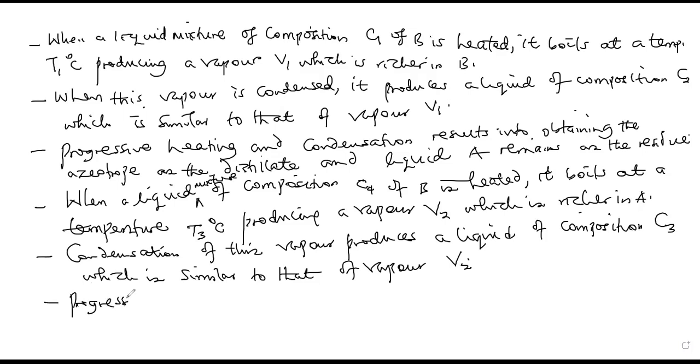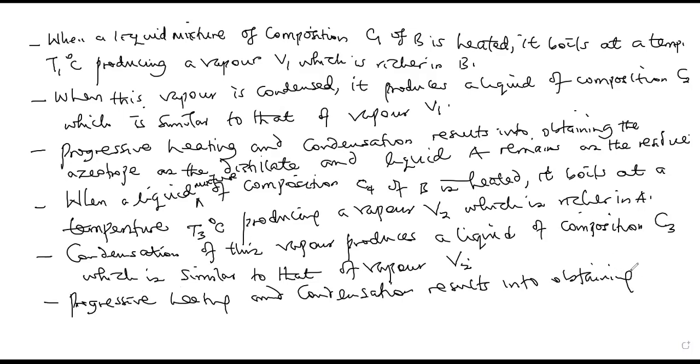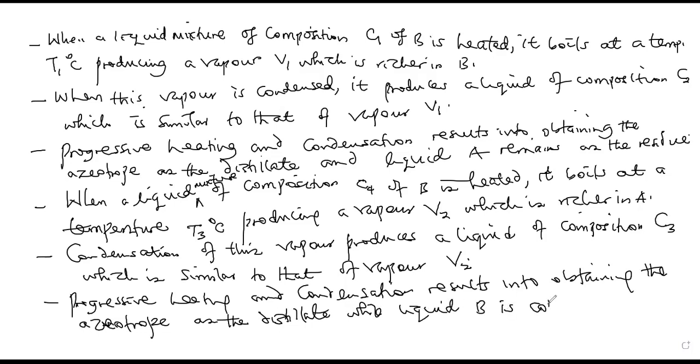Progressive heating and condensation results in obtaining the azeotropic mixture as the distillate, while liquid B is collected as the residue.